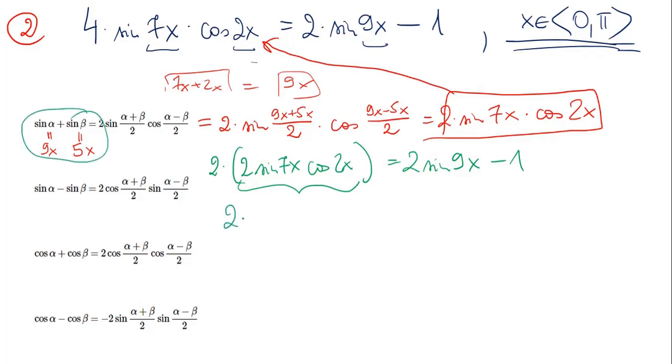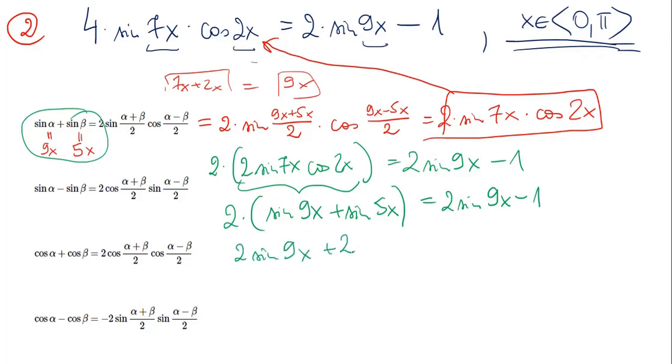So 2 times (sine of 9x plus sine of 5x), and the right side is unchanged. And there we go, 2 sine 9x plus 2 sine 5x, and the right side unchanged.